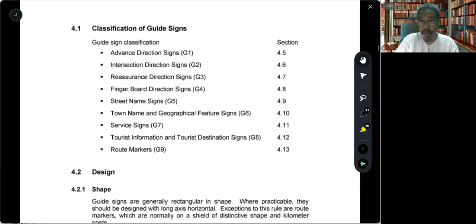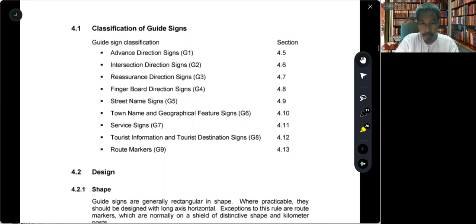As a road user, I usually use those signs because you are looking at those signboards when you don't know the place, you don't know the area, or you are confirming the road name as it appears on the map.